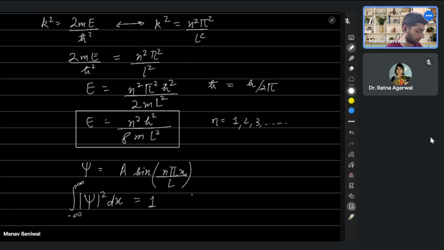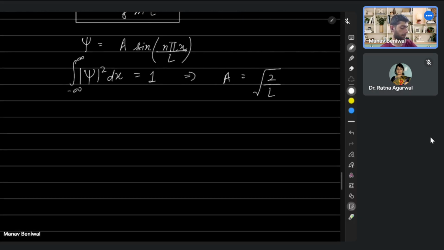Okay, so I think this would give A to be under root 2 over L. Then finally we can write psi as under root 2 by L sine n pi x by L.